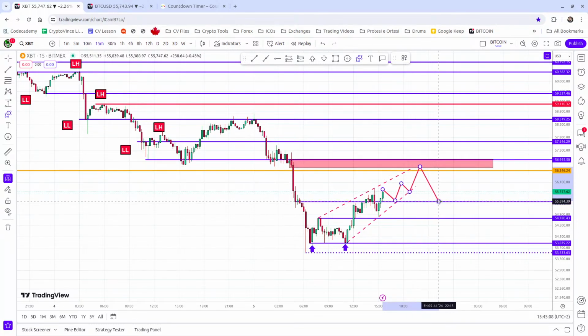Something like that, and price could break the pattern.